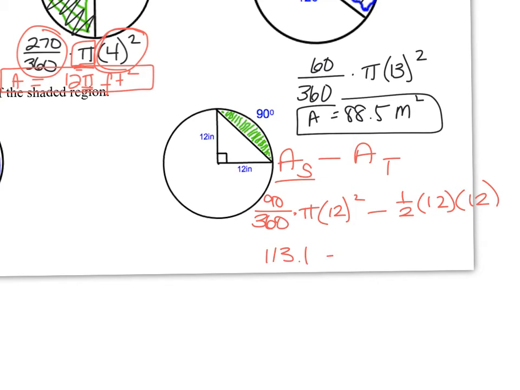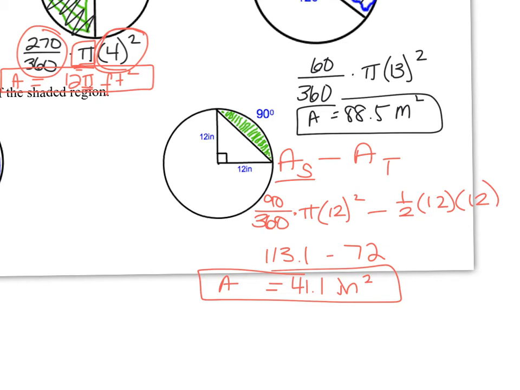Divide that by 2, I get 72. So 113.1 minus 72 is 41.1 equals A, inches squared. It's inches squared because units in area are always measured in squared units.